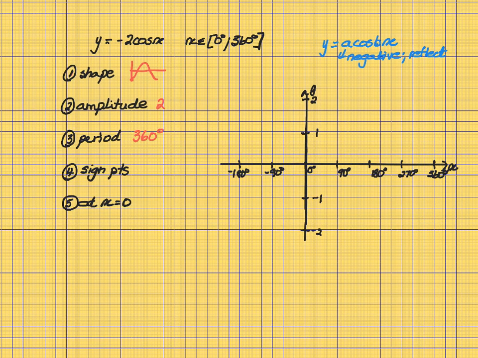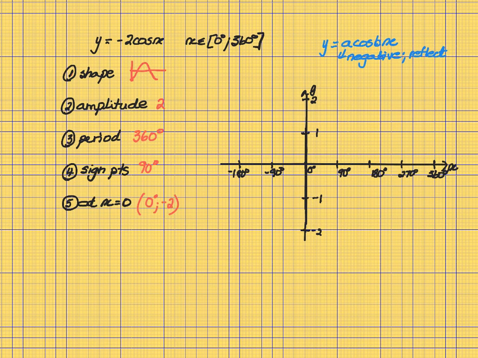Once again, because the period is 360, the significant points will be every 90 degrees, like the standard cos graph. At x equal to 0, if you type into your calculator negative 2 times the cos of 0, you will get negative 2. So when x is equal to 0, y is equal to negative 2.